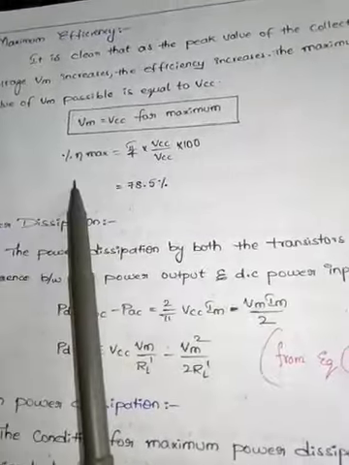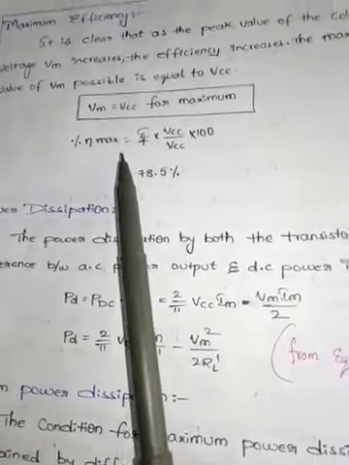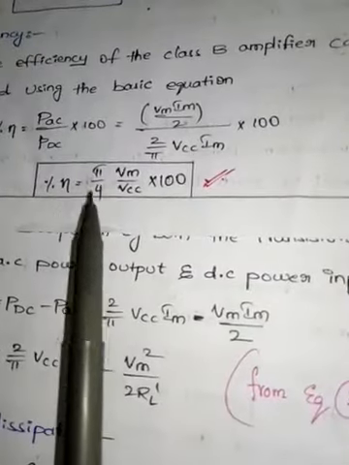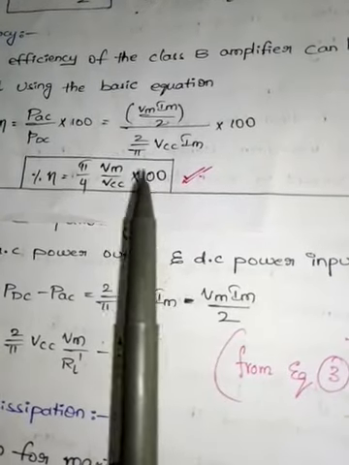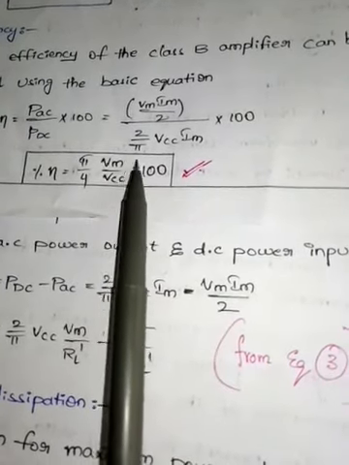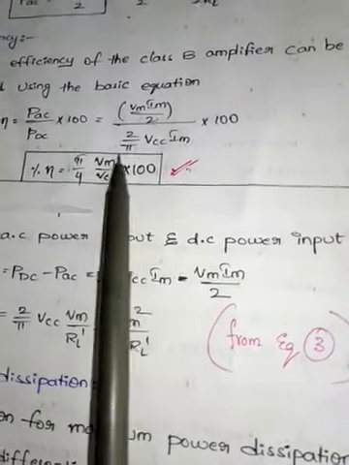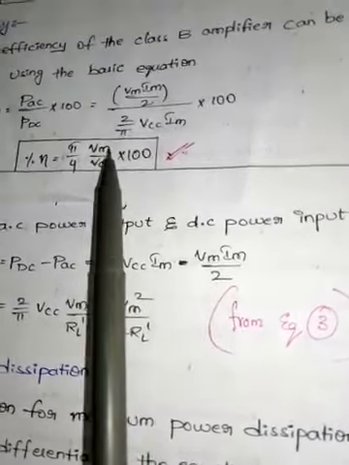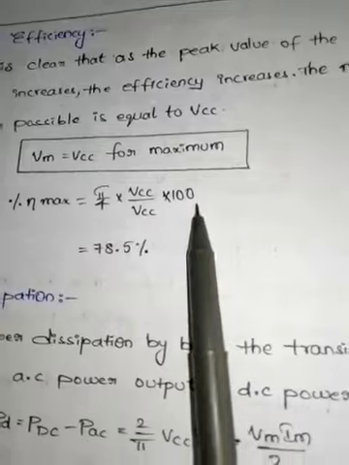If you substitute that value in the before section, we got this expression: the percentage efficiency is pi by 4 Vm by VCC into 100. But in the case of maximum efficiency, we are considering Vm equals VCC. So if you substitute Vm equals VCC, you will get pi by 4 into VCC by VCC into 100.